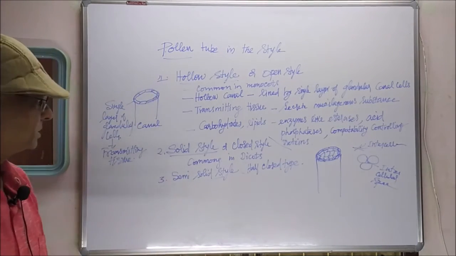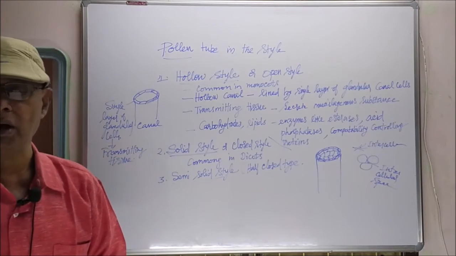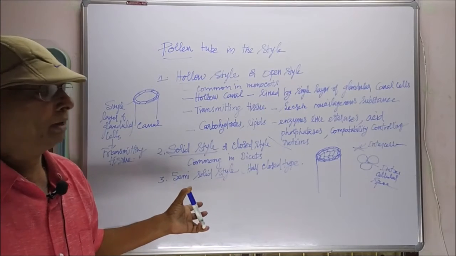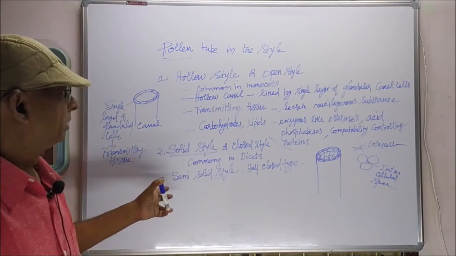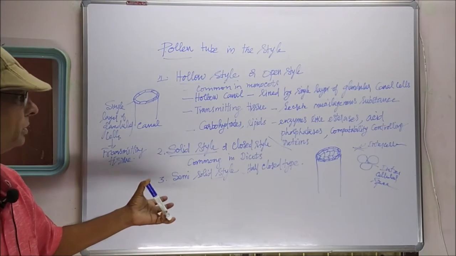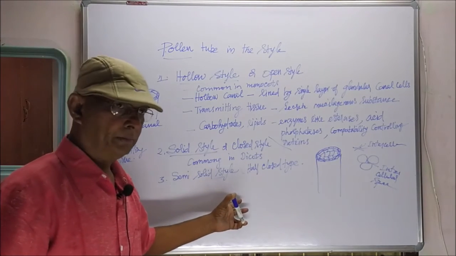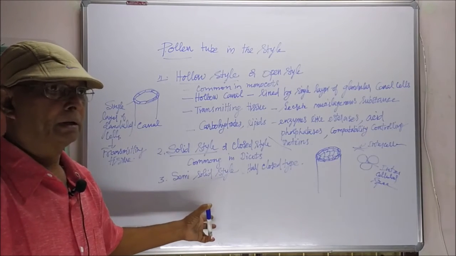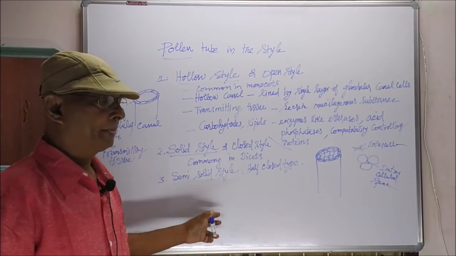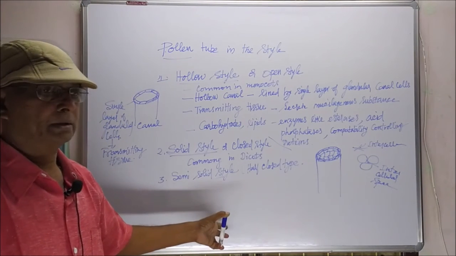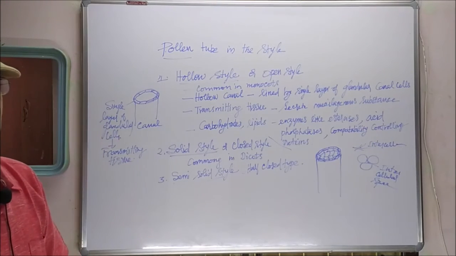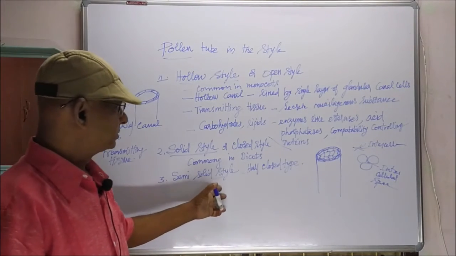The third one is the semi-solid type. It is the half-closed type. It is intermediate between the solid and open type of style. Not much information is given in the book about this semi-solid type. And here also some scientists are telling that transmitting tissue may be present. According to some scientists, the transmitting tissue is absent in the semi-solid type.